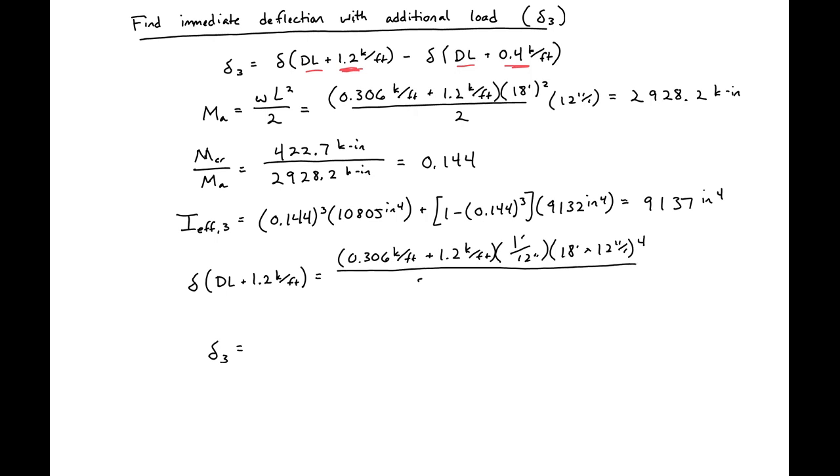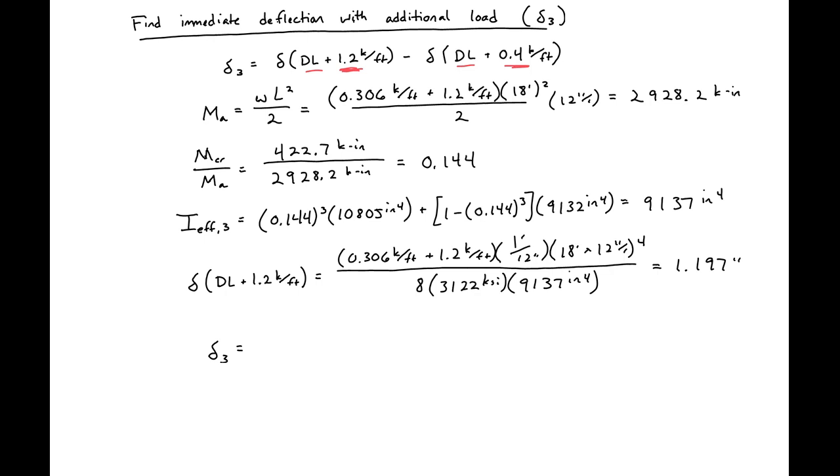So 8 times E, 3,122 ksi, times our I effective, which we just found, 9,137 inches to the fourth. And we'll get a deflection here of 1.197 inches.